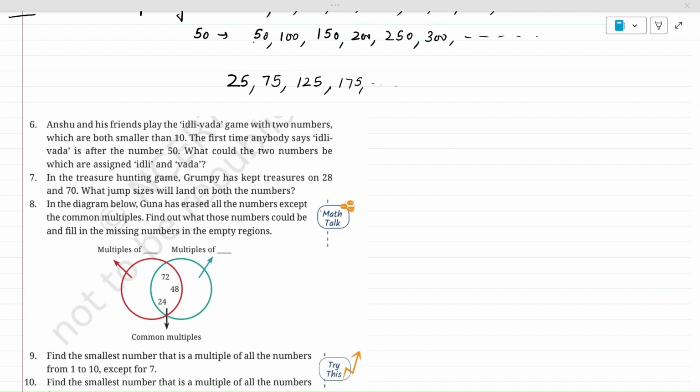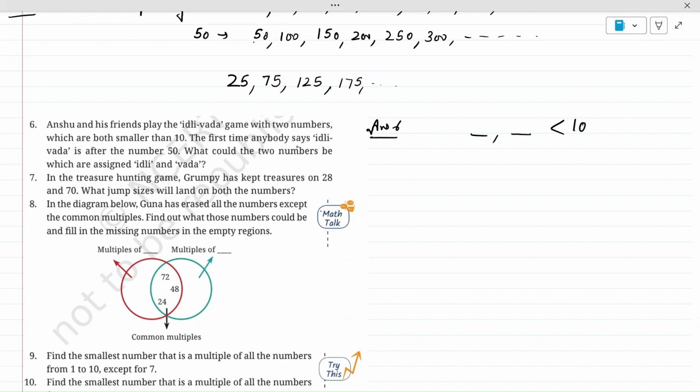So what we have here is Anshu and his friends play the Idli Vada game with two numbers. Now, we have done the Idli Vada game in our last class. So, Anshu and his friends are playing it with two numbers which are both smaller than 10. The first time anybody says idli vada is after the number 50.